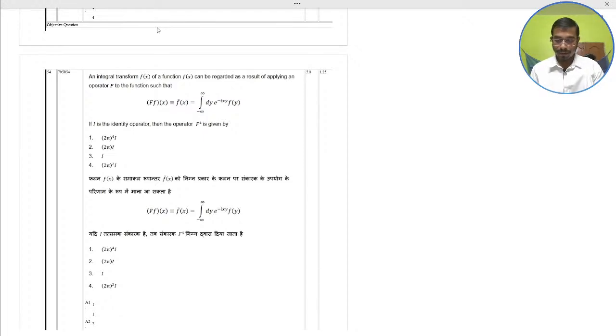This is coming from mathematical physics, the Fourier transform. Starting with the definition of the Fourier transform, F of the function f(x) is f dash x, the integral from minus infinity to infinity of exponential minus ixy f(y) dy.